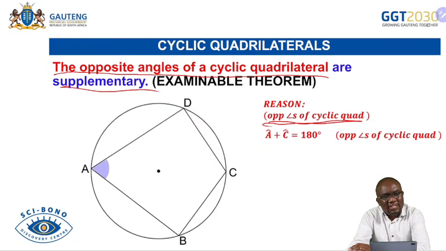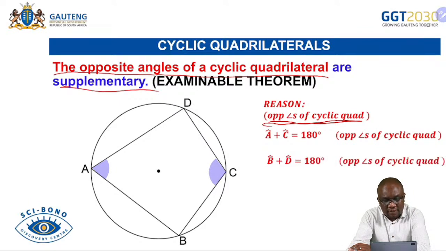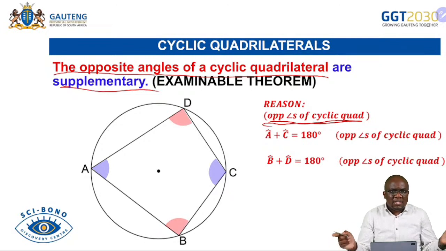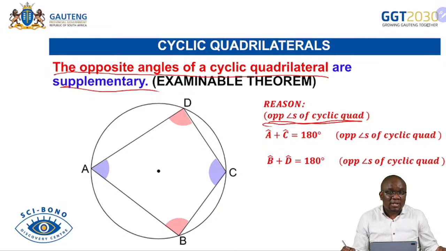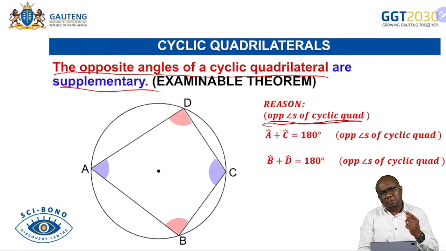So this angle here plus this angle here must give us 180 degrees. And then this angle and this angle must give us also 180 degrees. The blue ones are interior angles which are opposite in a cyclic quad. And then D and B also are interior angles which are opposite in the cyclic quad. They are supplementary. Let's prove that.